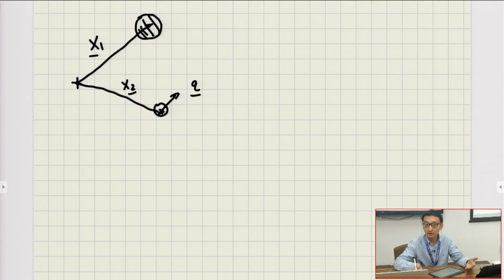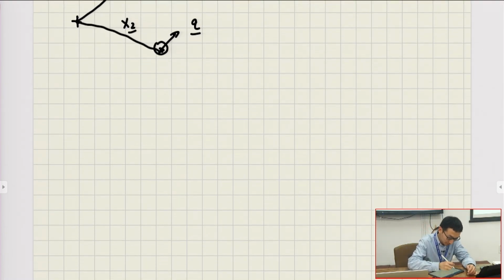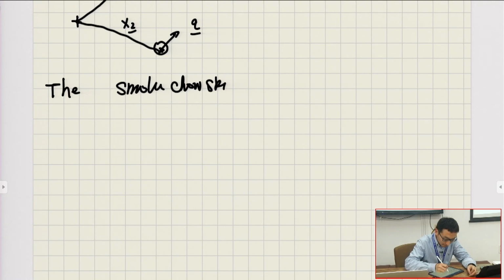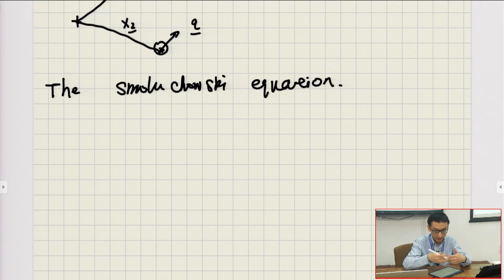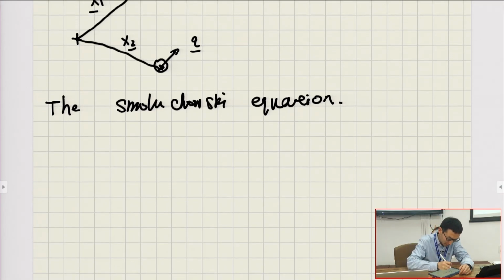Then we can write down our Smoluchowski equation. Now we have three coordinates we have to take care of. Again, in general, we write down our conservation law in this way.